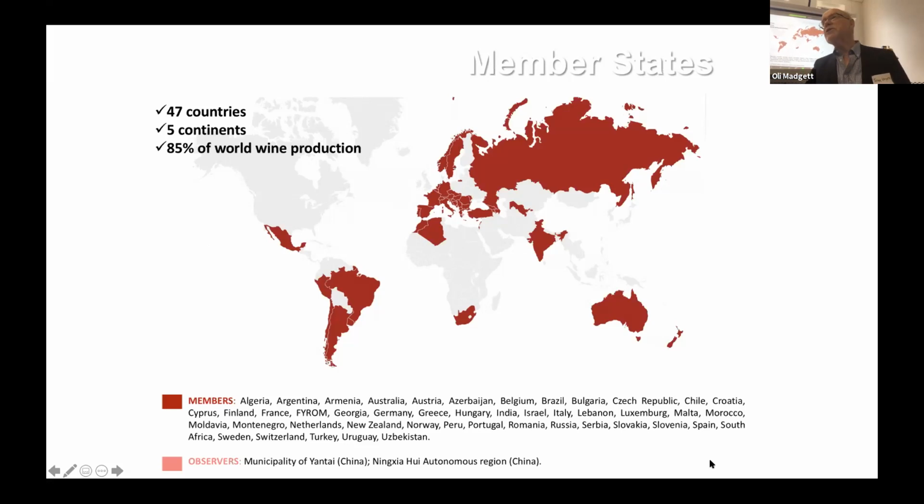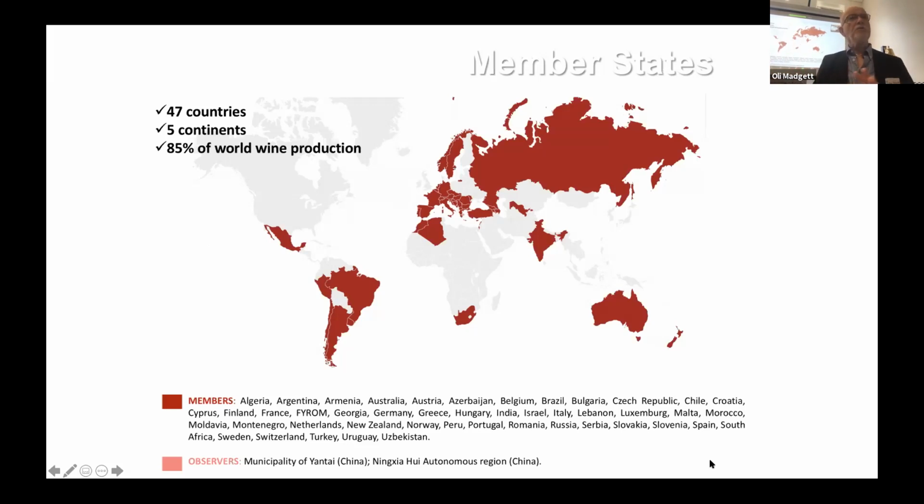It doesn't move as rapidly as some organisations or countries would like, but it does actually move over time. And I think I've got enough evidence to say it's better to be involved than it is to be running your own agenda, notwithstanding the nationalist views of some leadership around the world as we're seeing.